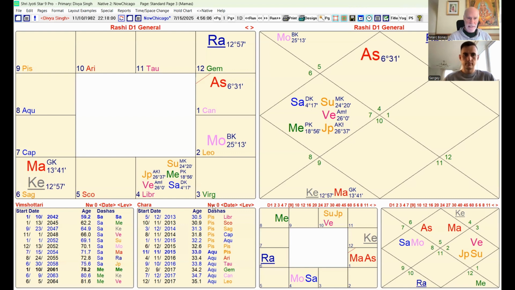So what I had to consider from the Jaimini standpoint was that she was running her Capricorn period at the time. So I had to ask myself the question whether the Capricorn period showed any eligibility for giving this event. And the only way it showed any eligibility is because it was the pada of the fifth house. So who's the fifth house?